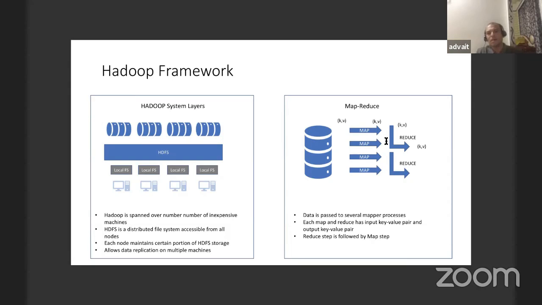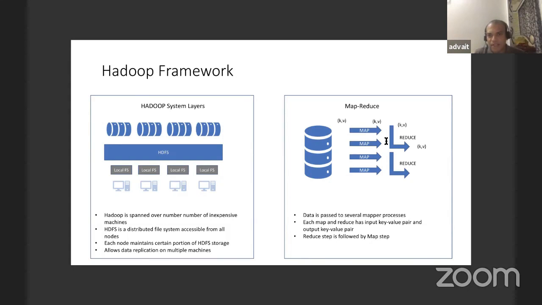Map is where you take some data, you transform it, and you output it. Reduce is where you get the transformed data, you get the gist out of it, and you output it. That's called reduce.